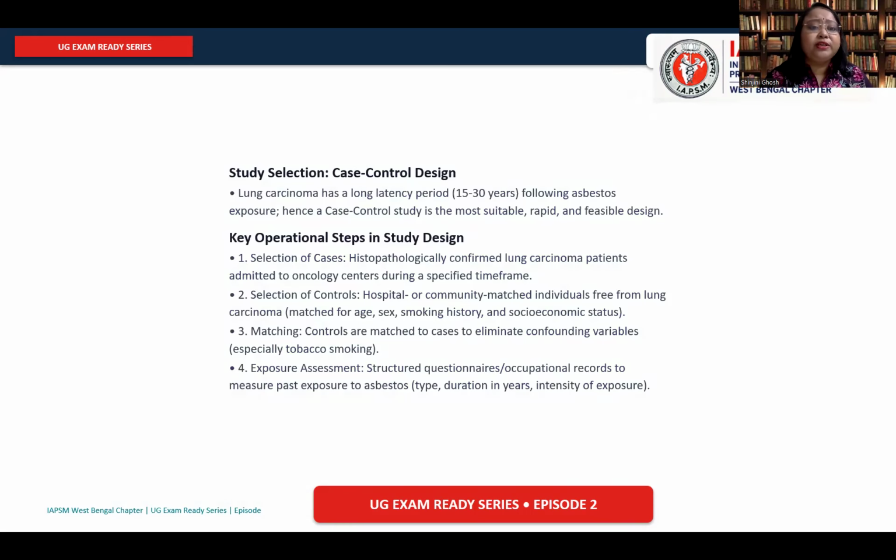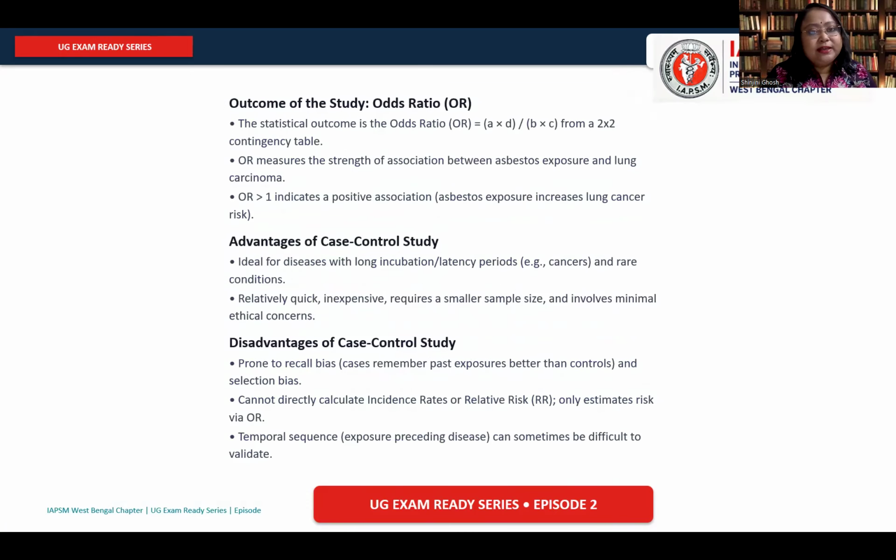Next comes the study design that we will do for asbestos and lung carcinoma. It is a case control study. And why is it a case control study? Because it is a more suitable, rapid and feasible design here, as it has a long latency period of 15 to 30 years. Now, what are the advantages and disadvantages of this study?